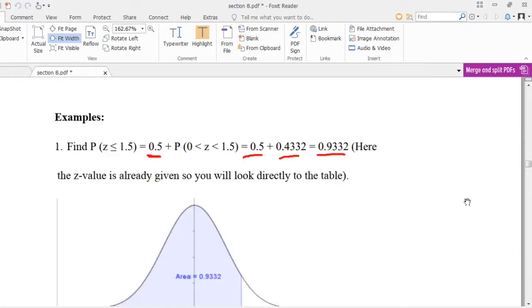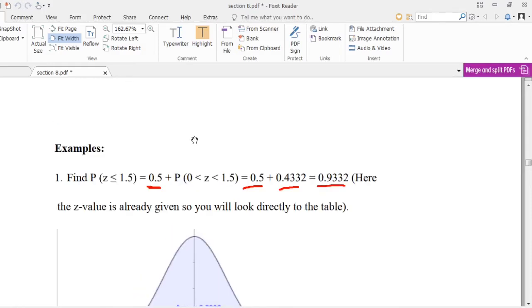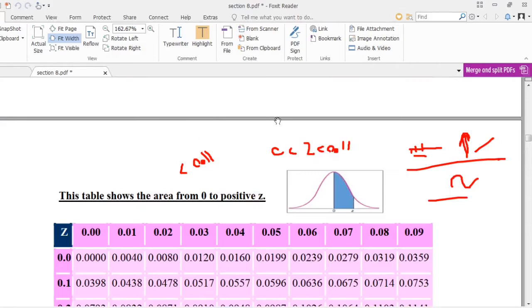The first example: he wants to find the probability of z less than 1.5. Here, assume the 0.5 is here. So the value we get from the table is from 1.5 to 0. But you need all the values less than 1.5, so you also get the other half, which is 0.5.